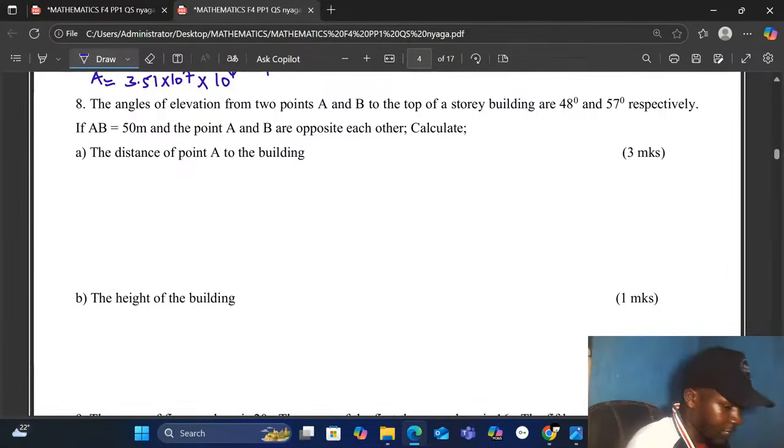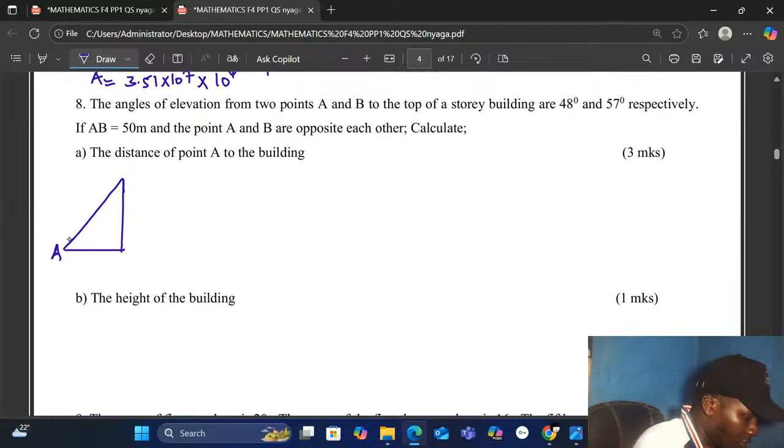Now we can have a sketch of the two. So they are saying we have point A, so this is where point A is, and the angle of elevation here is 48 degrees, and the distance here is x.